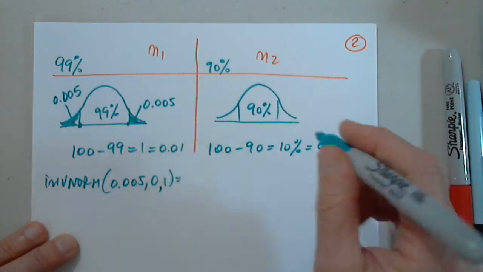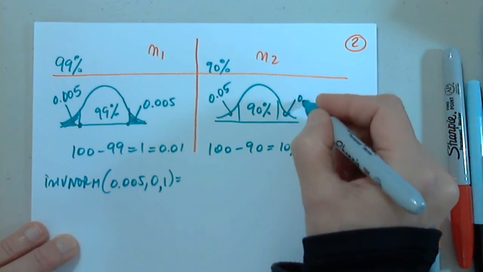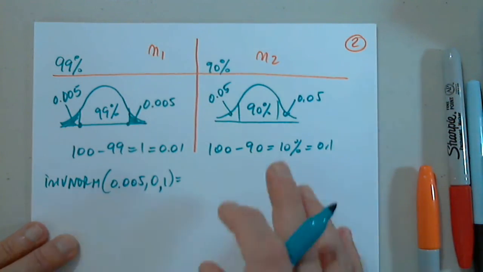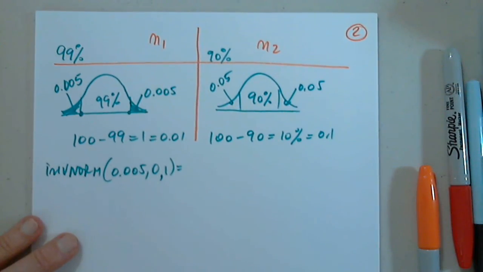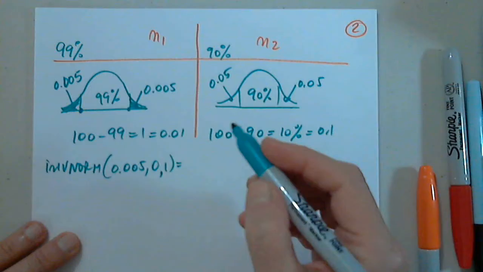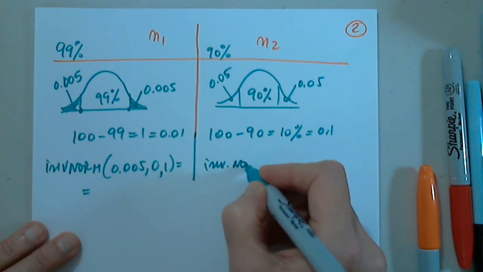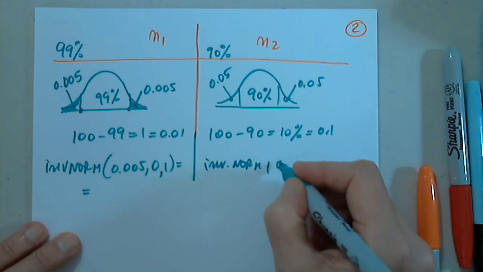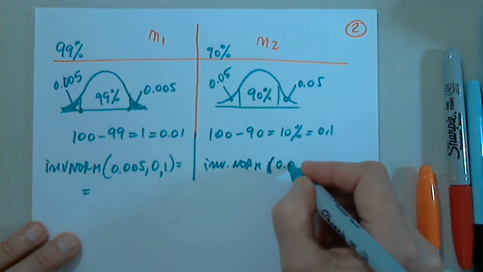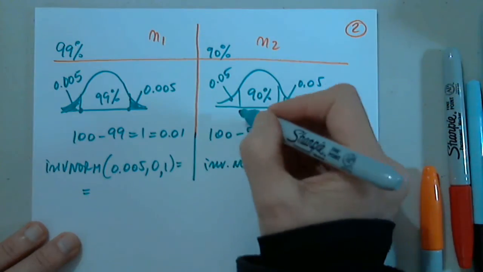When I divide 0.1, this piece is 0.05, and this piece is 0.05 to make up the 100%, or 1. Then the same thing, I will be using the inv norm, but this time the area to the left is 0.05, and then of course 0 and 1, mean and standard deviation, and I will get these two.